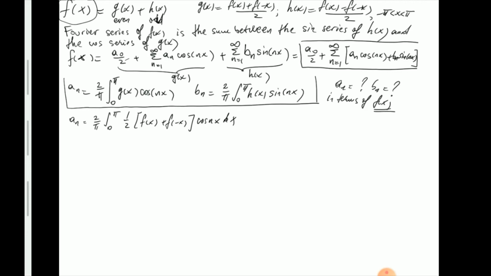If you move 1 over 2 outside, the 2 cancels with the 1/2, and this is going to be 1 over pi, and I'm going to break these two integrals into two pieces. 1 over pi, the integral from 0 to pi of f of x cosine of nx, plus the other piece, 1 over pi, the integral from 0 to pi of f of minus x cosine of nx dx.